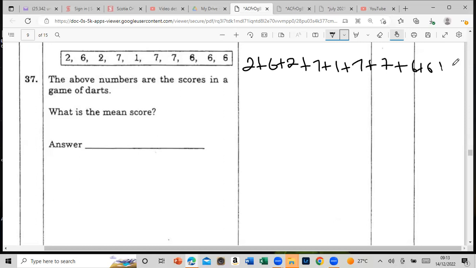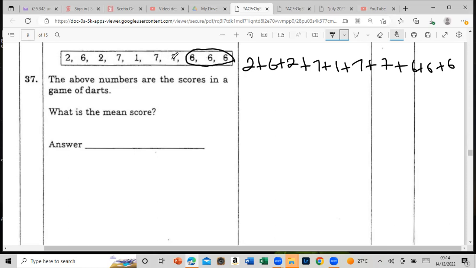Right, let's add it and count the numbers. So 2 plus 6, that's 8, plus 2, 10, 17, 18, 25, 33, 39, 45, 41. I'm getting 41. Let's try from this angle. So these make 18.